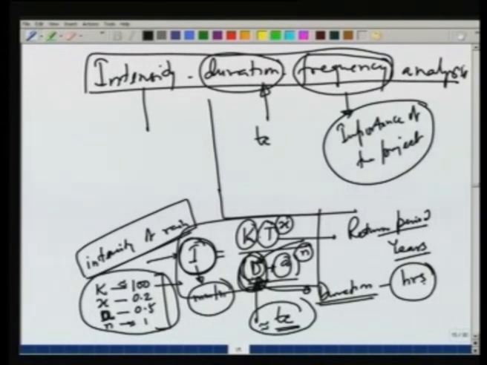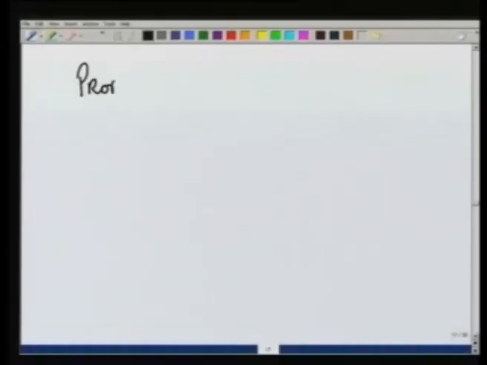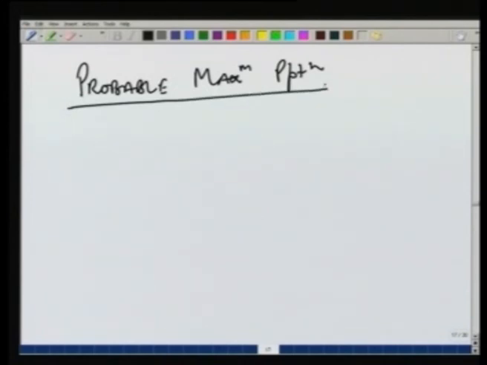Values of k, x, n and d, general average values are given here, but we will have to find out these values for the area under consideration, and using that we can estimate the intensity. The other thing which we are interested in is probable maximum precipitation.